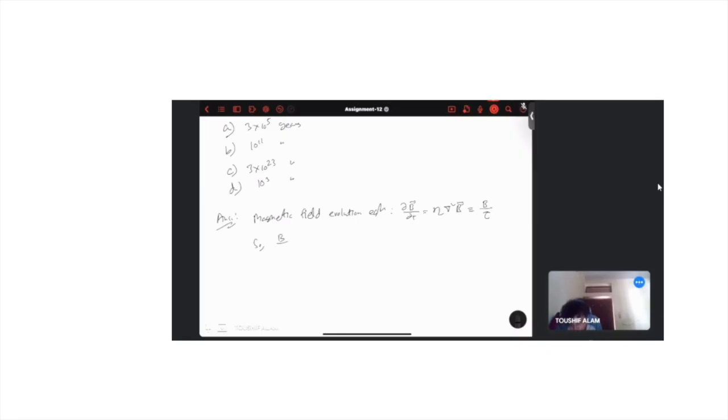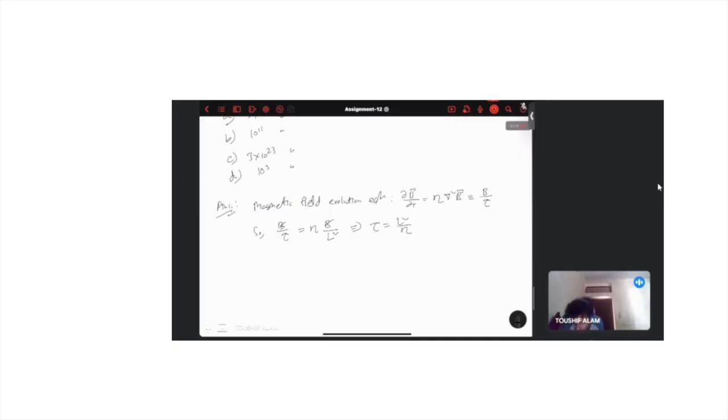So then eta B by L square, because del is 1 by L, so del square is 1 by L square, right? So then B cancels out, and we get tau is equal to L square by eta, right?